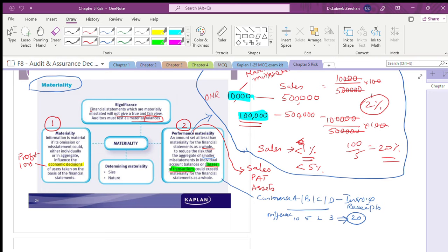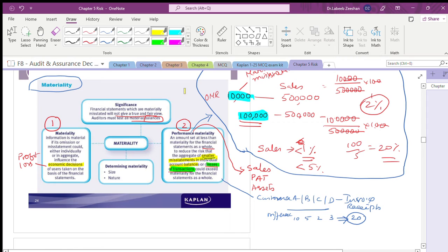Materiality. How much is the percentage of misstatements? Overall materiality, performance materiality. When you are talking about performance materiality, you are talking about the smaller misstatements, that means individual, in terms of individual account balances.